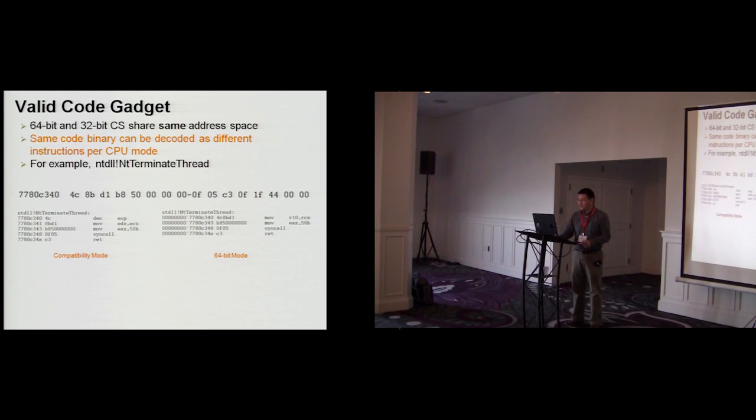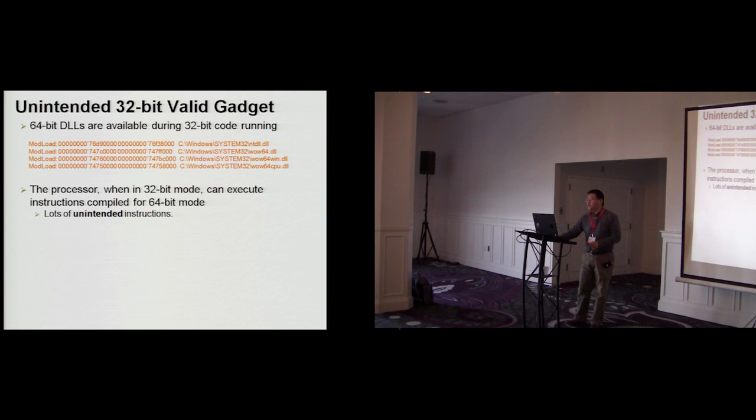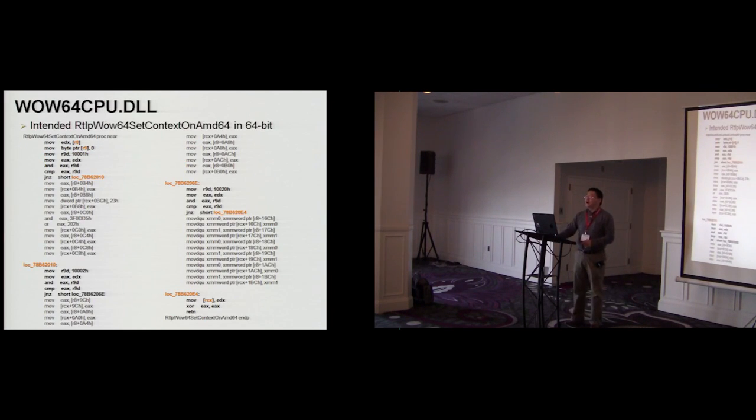That's a problem, right? Also, the interesting part is the native 64-bit code itself. Even without WoW64 inside, you can still switch from 64-bit code to 32-bit code. That's a big problem. I will skip a bunch of slides because I have limited time.